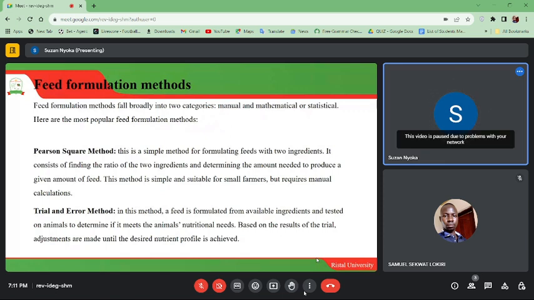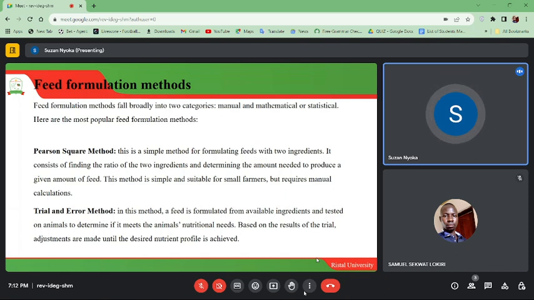in forming the formulated feed. And then the second method is the trial and error method. In this method, a feed is formulated from available ingredients and tested on animals to determine if it meets the animal's nutritional needs. Based on the results of the trial, adjustments are made until the desired nutrient profile is achieved. In this trial and error method, you just use the available nutrients.